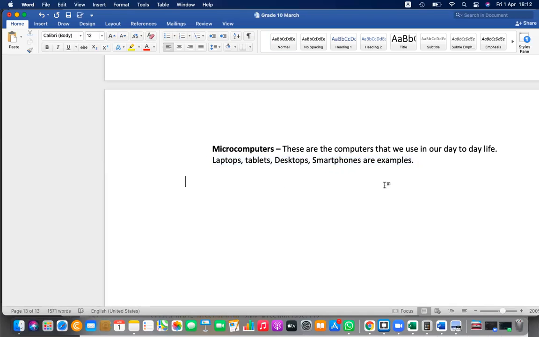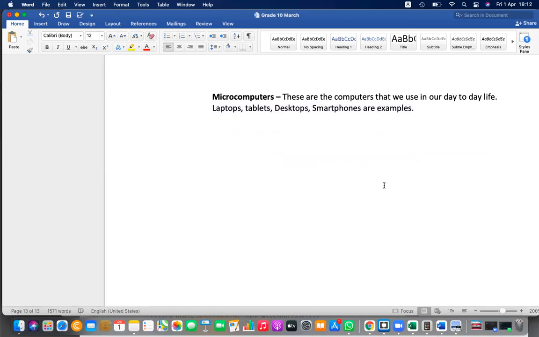You know the features: these are not used as servers, these are used as client computers.